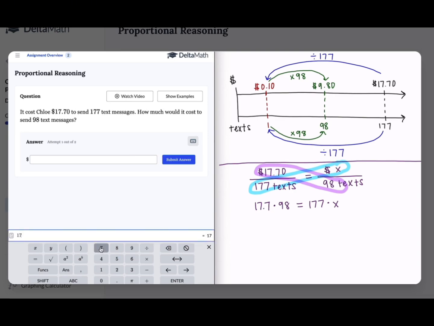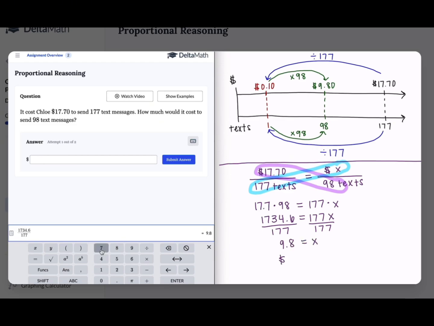Let's find what 17.7 times 98 is equal to. So we have 1,734.6 is equal to 177x. Now to solve this for x, we will undo multiplication by dividing both sides by 177. And 1,734.6 divided by 177 is equal to 9.8.